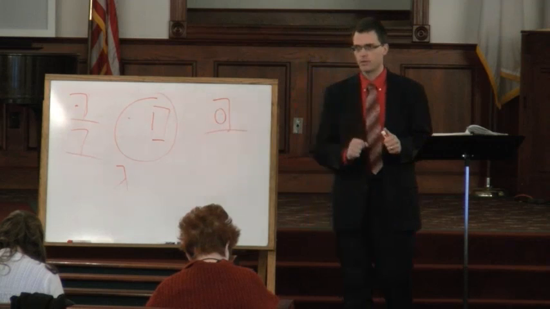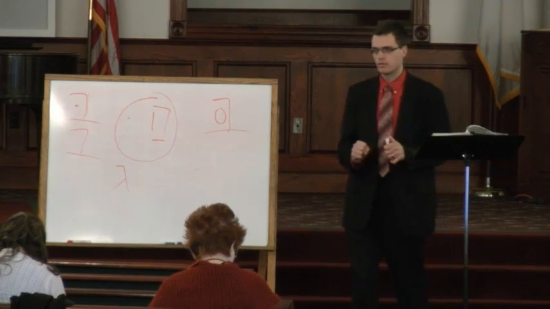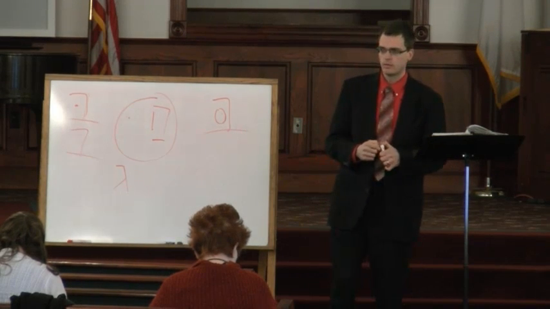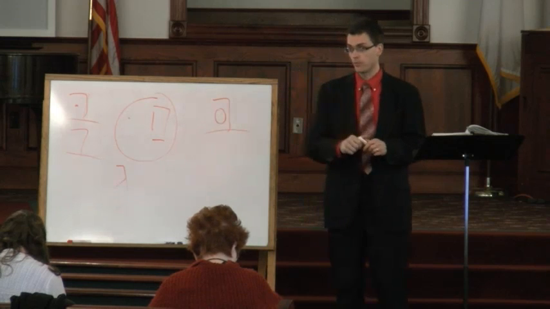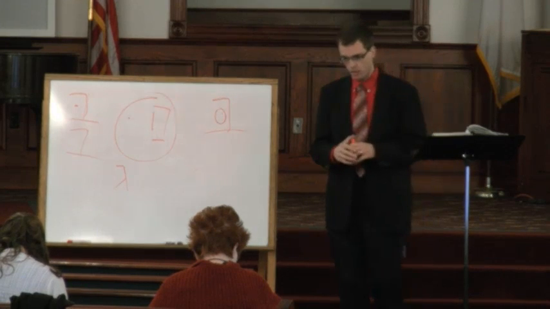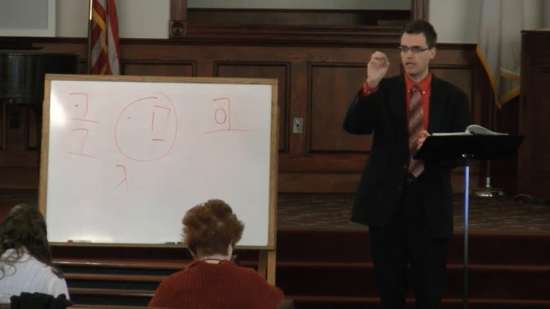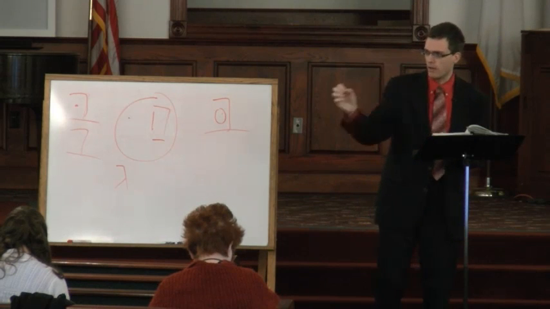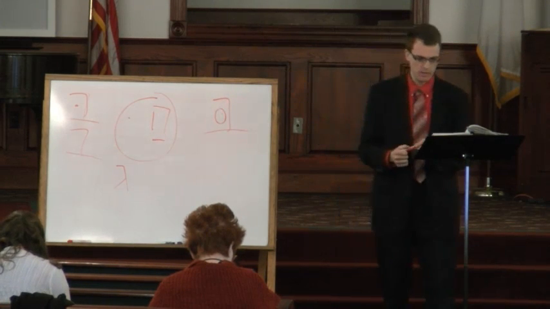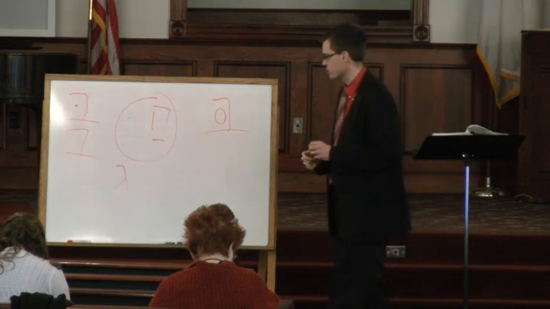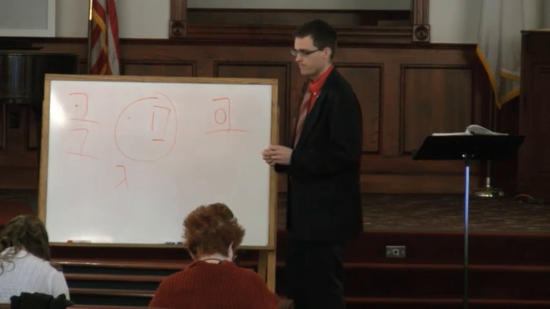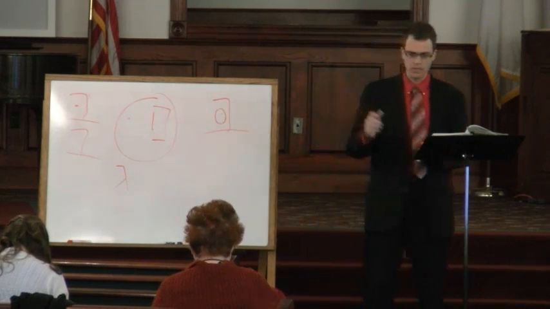Kof, good. Pei, yes. Tau, good. Those six are called the Begad Kapat. It's a way to remember it. You just stick some vowels in, and you have those letters. Those six consonants can take a dagesh and change the pronunciation when they do.